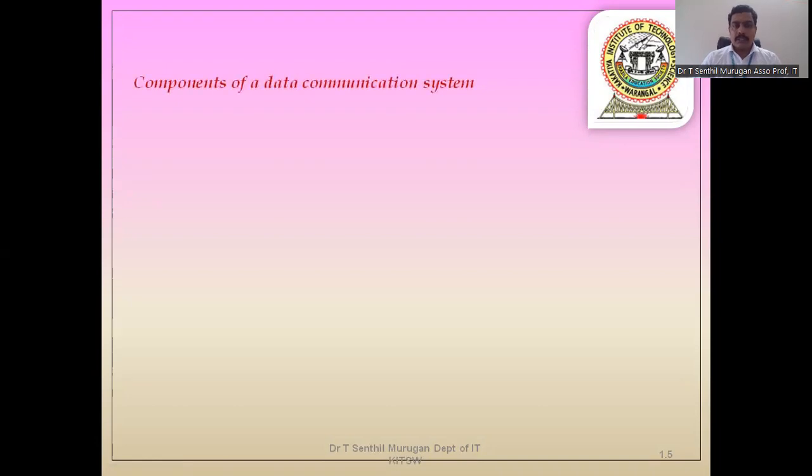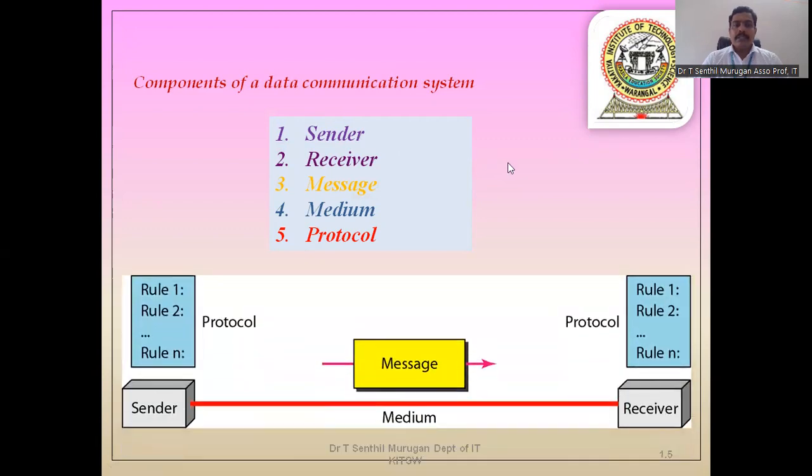Next, we want to discuss the components of a data communication system. What components are used in data communication? Data communication is the information exchange between two devices. For that, what components are required? See here: sender, receiver, message, medium, and protocol.